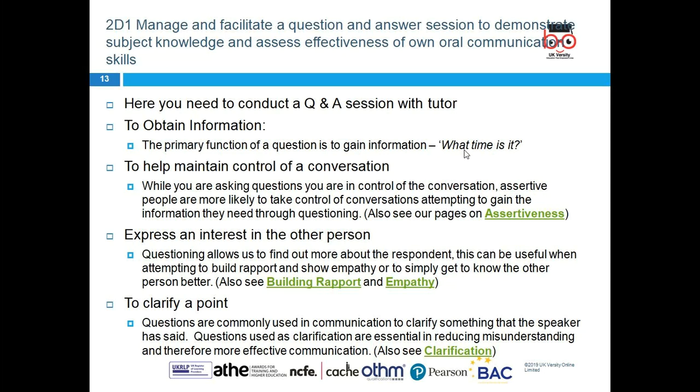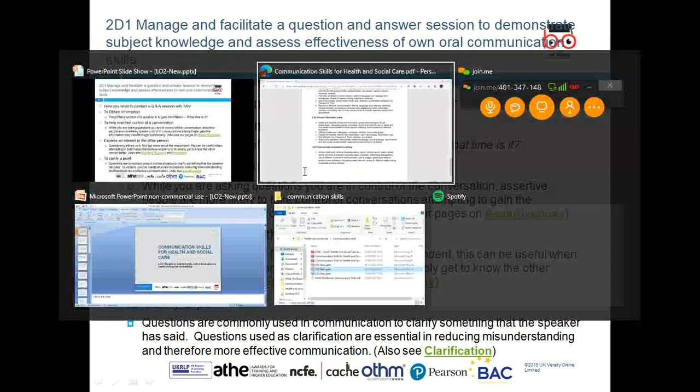On your Learning Outcome 1, you're going to be making a PowerPoint presentation about the different models of communication, covering all of LO1, which I'll go into now.